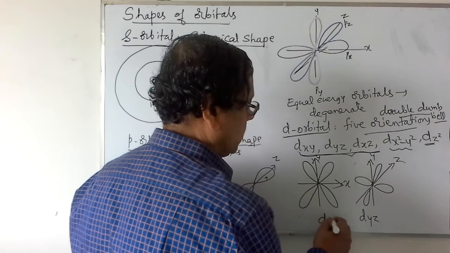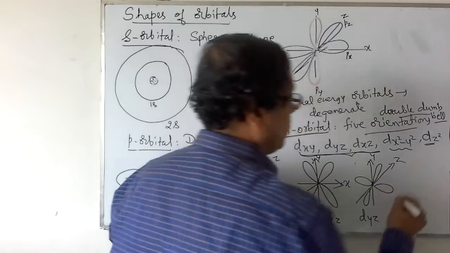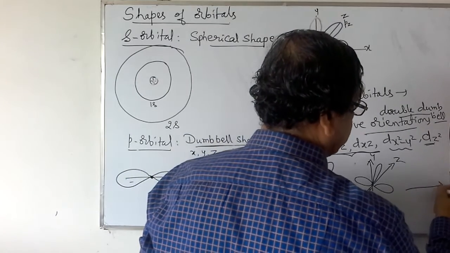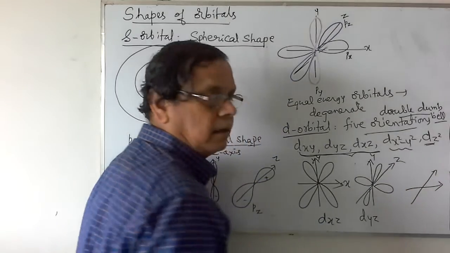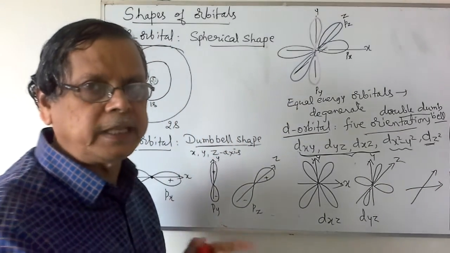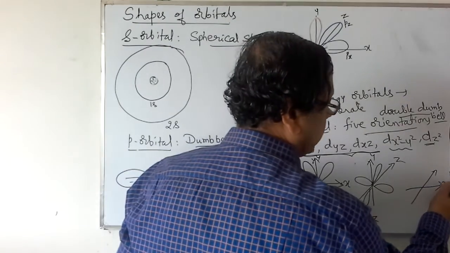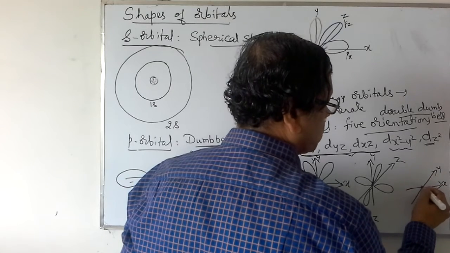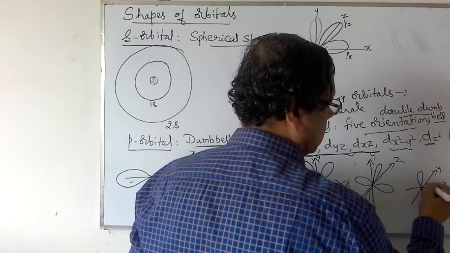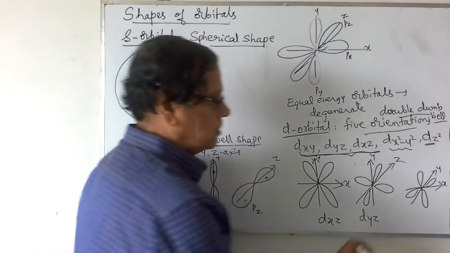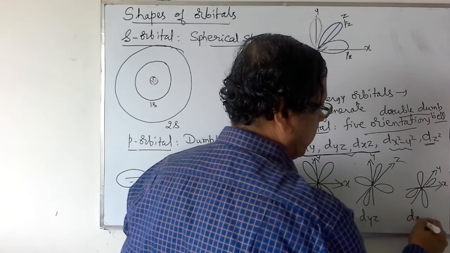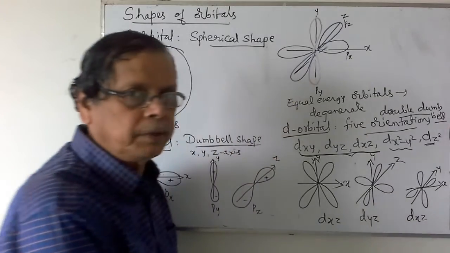This is dxz. Similarly, when we consider this x-axis and z-axis, the plane produced by the x and z axis. They will contain the two lobes each like this. So this is actually dxz plane or dxz orbital.